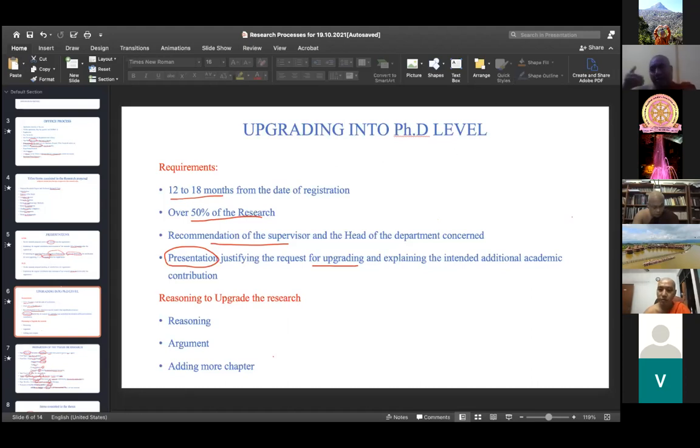You must keep some, for example, some chapter or some reason, to upgrade it. In my time, I didn't know, and I faced such a problem. For me, it took time to find a reason to upgrade it.